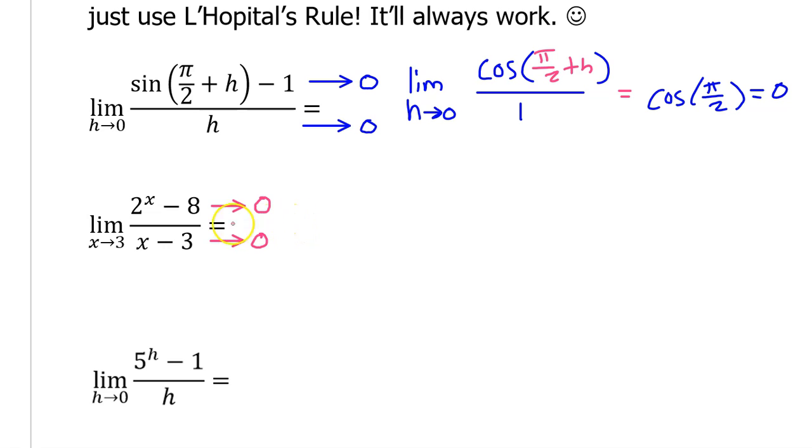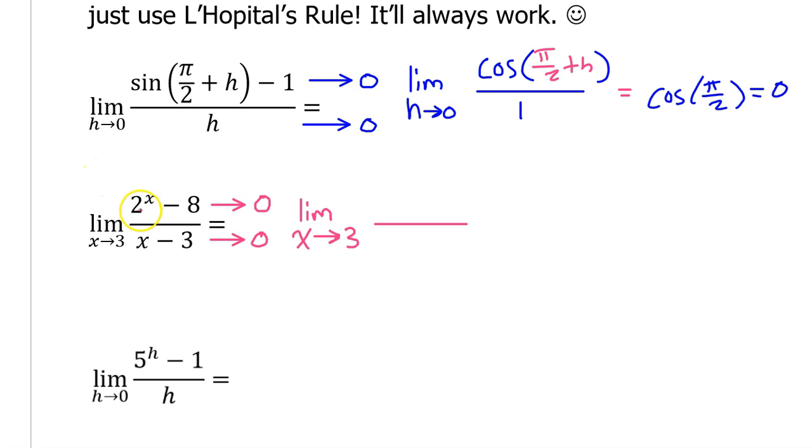According to L'Hopital's rule, we may now take the derivative of the numerator and the derivative of the denominator without changing the limit. The derivative of 2 to the x is 2 to the x times the natural log of 2. And then the derivative of 8 is 0, so we don't write anything.